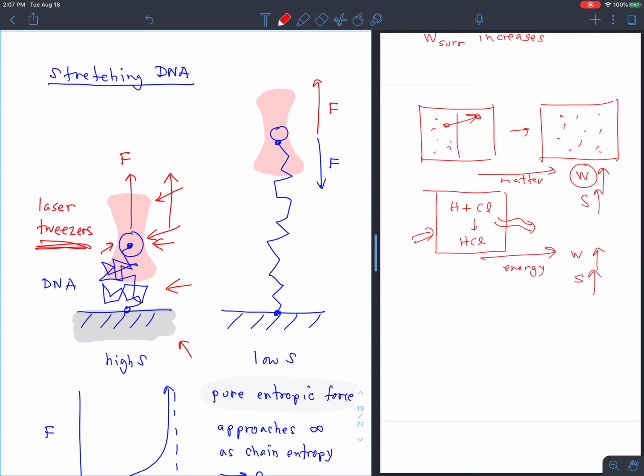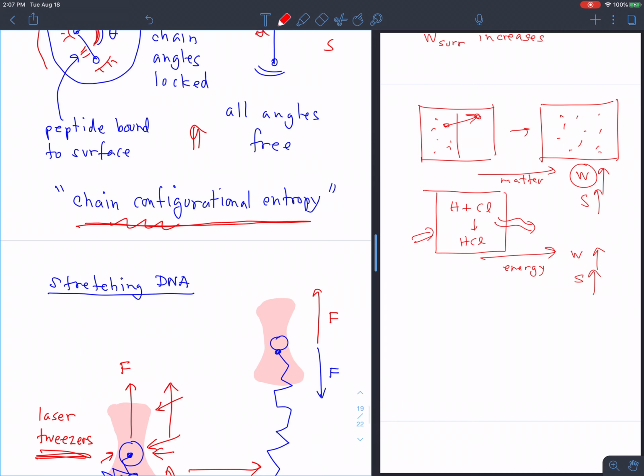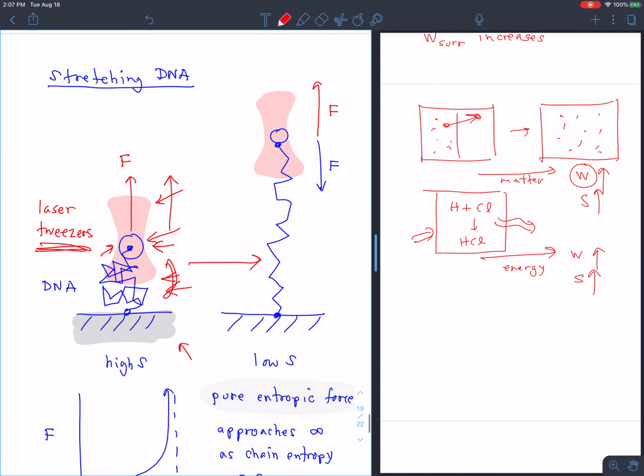When you do that, look what happens to the angles of the DNA molecule. When it's down here, the DNA molecule is basically free. It can change its shape pretty much at will. Most of the chain configurational entropy of the DNA molecule is still present when you're at short extension like this, but when you pull it out long, these units in the DNA are now much less free.